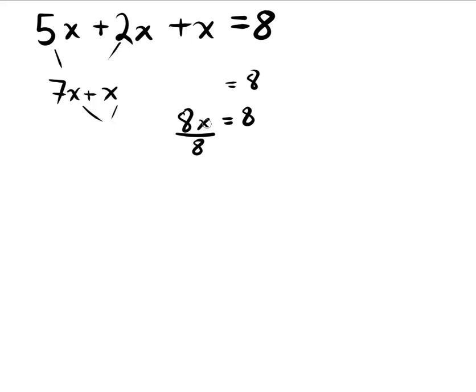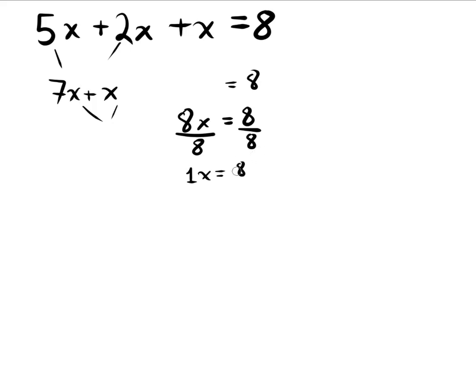So if x is multiplied times 8 and then also divided by 8, then it's just going to leave me with x. Or to put it a different way, 8 divided by 8 is 1, so that's going to leave me with 1x, right? 1x is equal to, and if I did it on this side, I have to do it on this side as well. So 8 over 8 is equal to 8 over 8.